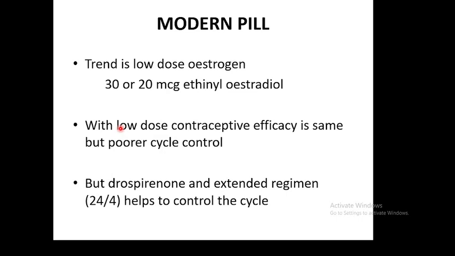With lower estrogen dose, there's a high chance of poor cycle control. But adding drospirenone or the progesterone component, and an extended regime, rather than going for 21/7, going for 24/4 regime, helps in controlling the cycle.